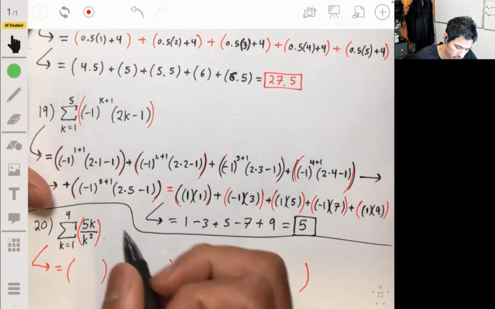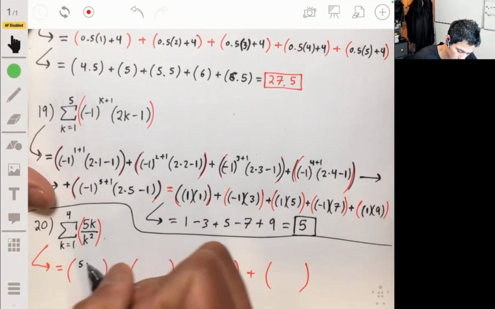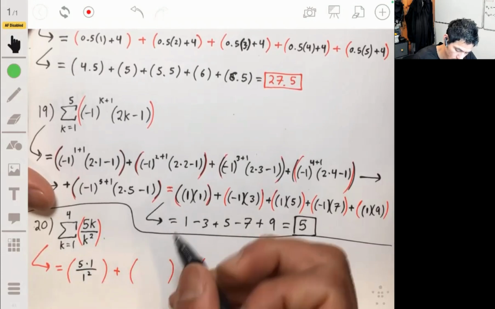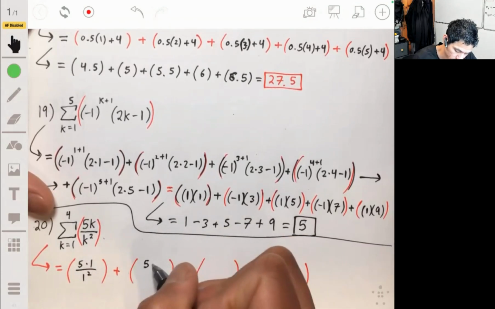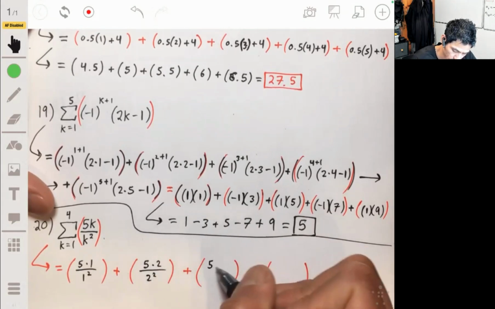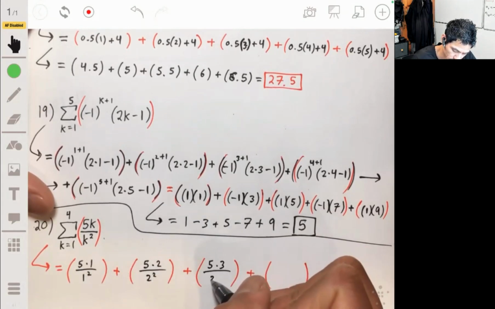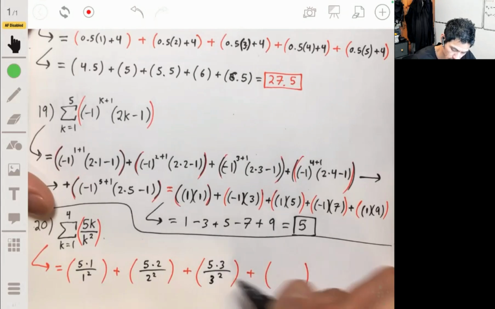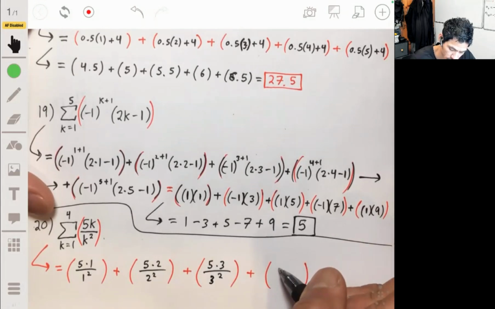Five times 1 over 1 squared. 5 times 2 over 2 squared. 5 times 3 over 3 squared. 5 times 4 over 4 squared.